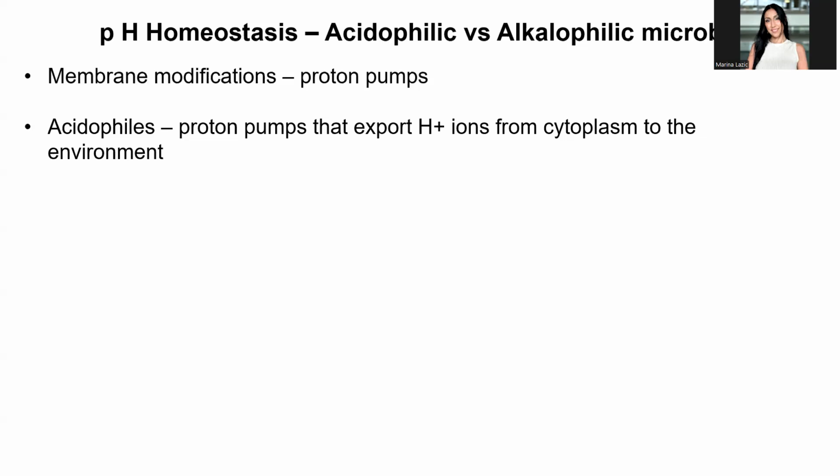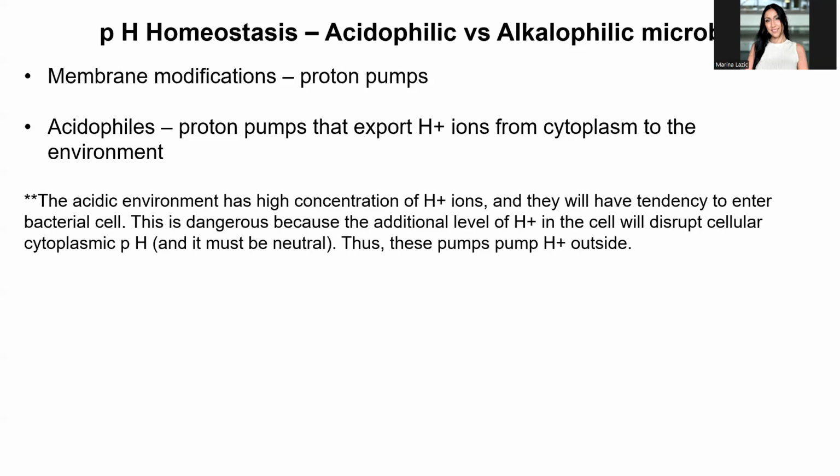So when those protons tend to enter their cytosol, they export them through those proton pumps so they can maintain the internal pH environment. This is just what I said. Basically, they are putting an effort to get rid of extra proton ions that came from the outside because they're trying to maintain their cytoplasm.